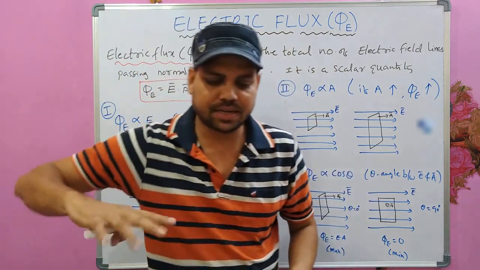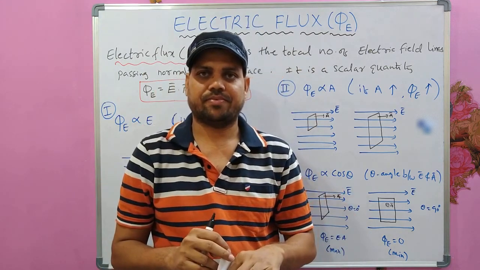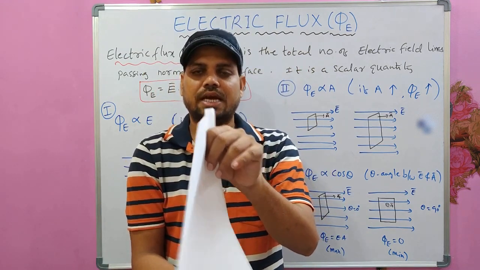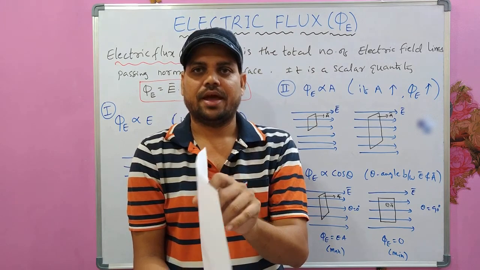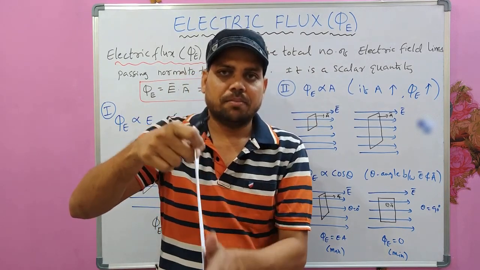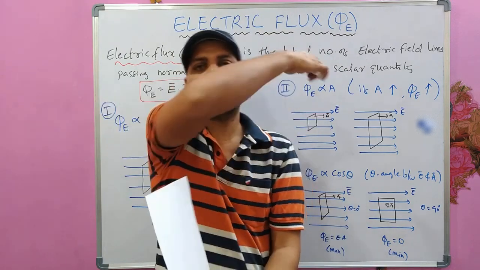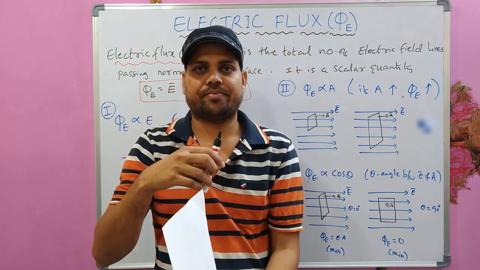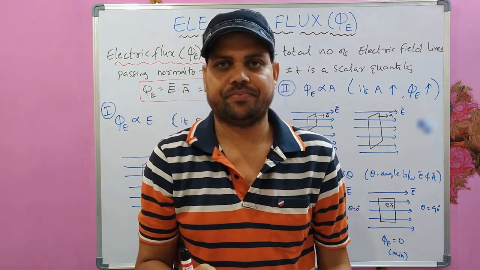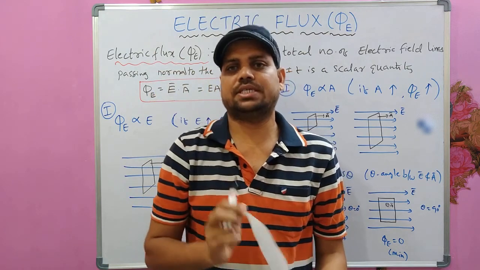See, so many electric field lines are drawn in a specific region. Now if you place one object which has a surface, the number of lines passing through this plane surface normal to it is electric flux. And it is a number, it is a scalar quantity.